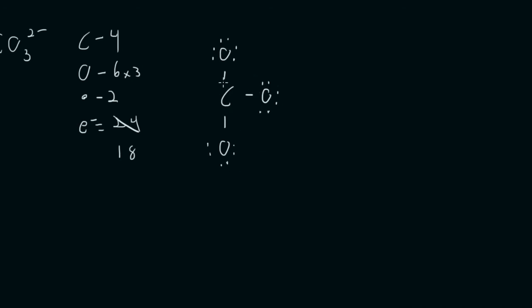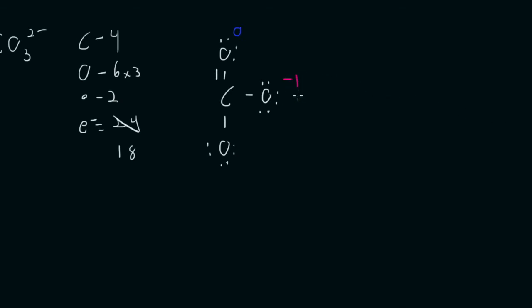And now in carbonate here, my carbon needs to make a double bond in order to have a full octet. And so before we even get to the resonating, we have a double bond. So now we can go through and calculate our formal charge on these. This oxygen, we can see that one's going to have a 0 for a formal charge. It's got 2 bonds, just like a normal oxygen would.